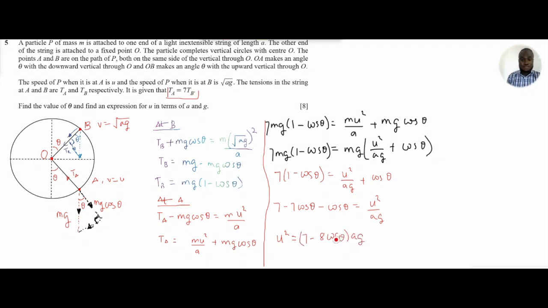So far we've come up with a relationship between u and ag, but that involves cos theta. So let's see what else we can do to get another equation that will help us eliminate theta, find the value of cosine theta, and continue.